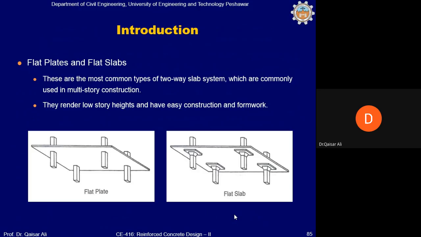To avoid the punching shear problem, drop panels in the form of a thick part of the slab in the vicinity of the column, or an increased size of the column at the head of the column, which is called a column capital, are provided, as shown in the right figure.